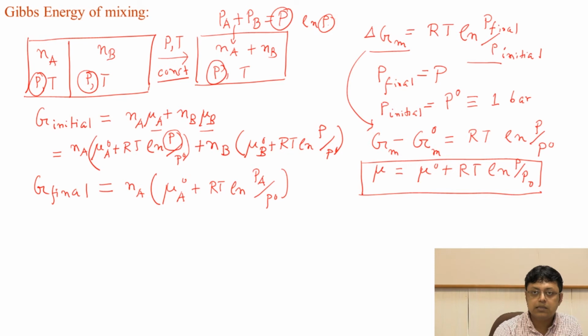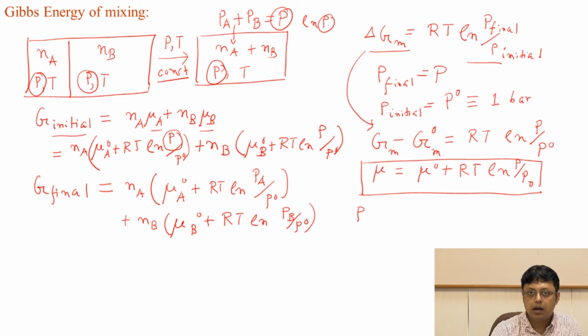Now this PA means partial pressure, and the earlier P was the pressure for the total gas before mixing. So that was the initial condition. And similarly for NB, we can write NB into mu B0 plus RT ln PB by P0.